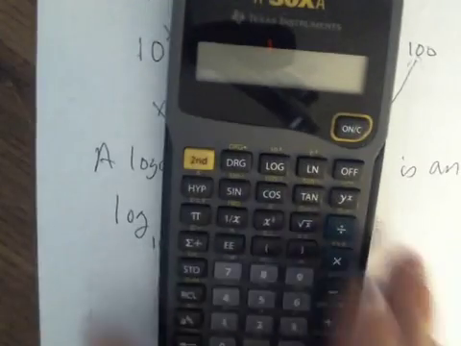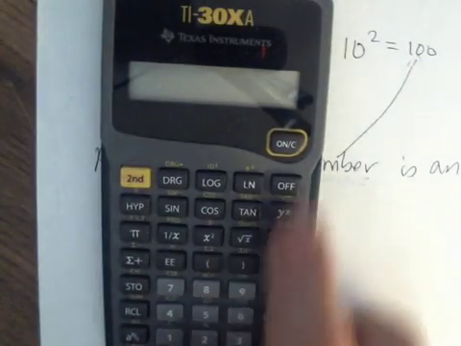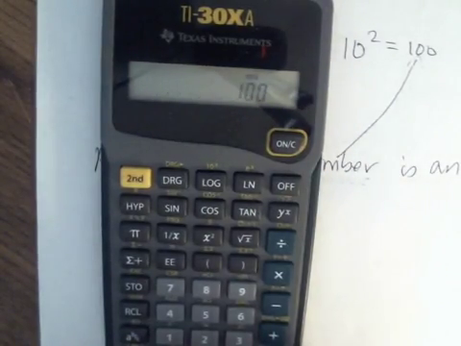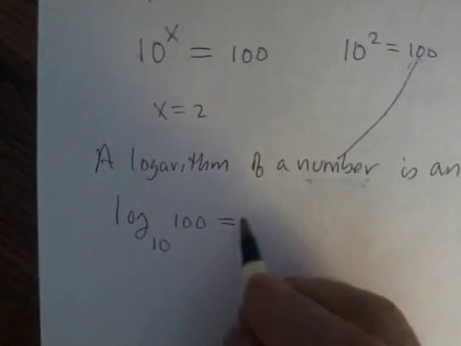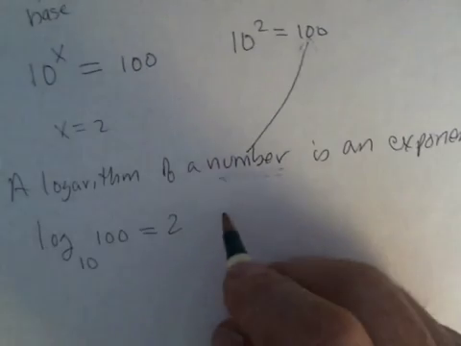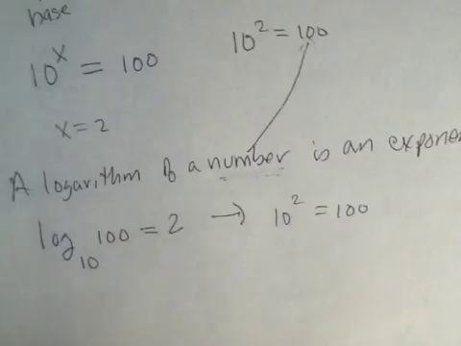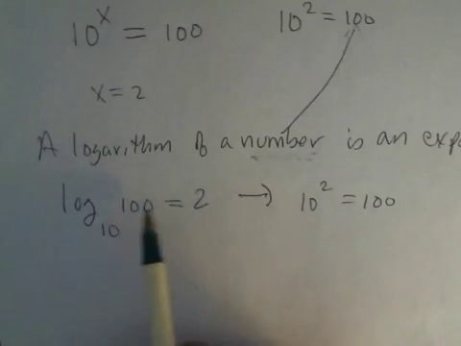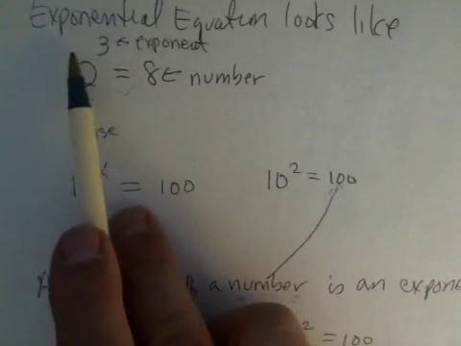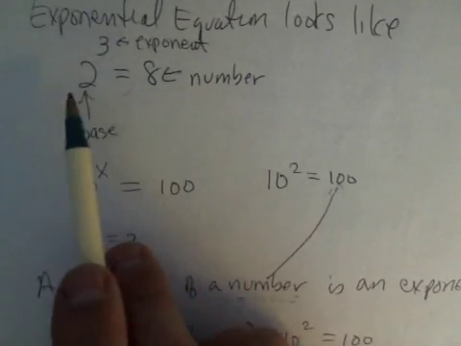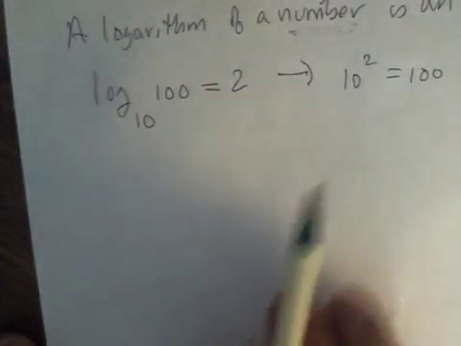So I can enter, now in this calculator it's a little different, 100 log and I get 2. And that is true because 10 squared is 100. So your calculator does base 10. We can't put log 8 and get 2 on our calculator right now because of the base factor, but I'll show you how to do that one shortly.